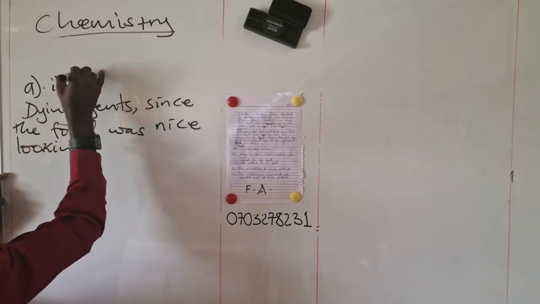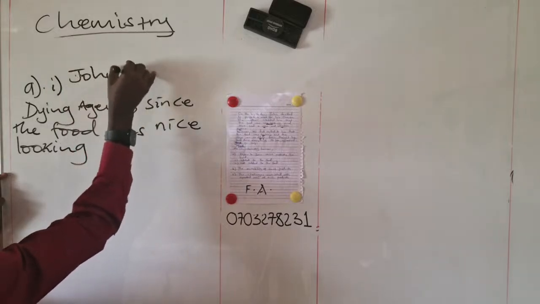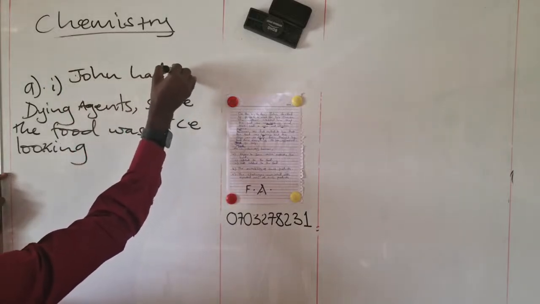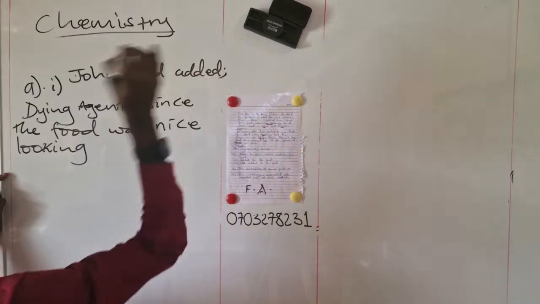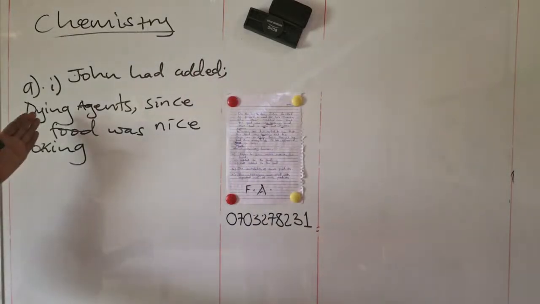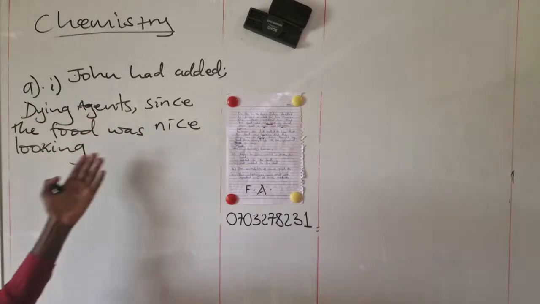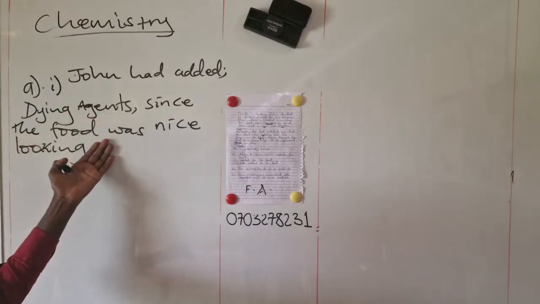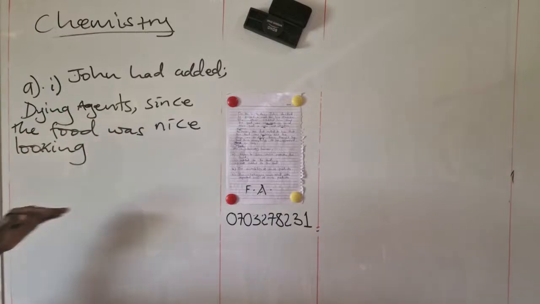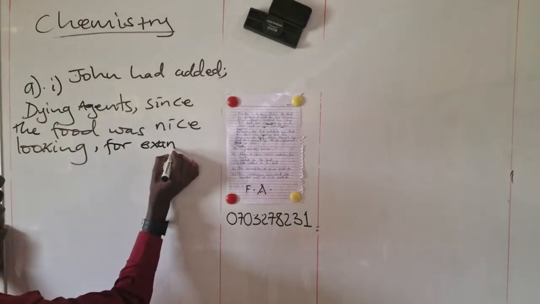So you connect your response to the scenario. John had added dyeing agents, since the food was nice looking. This is the evidence that John had added dyeing agents. You can go on and give an example of such dyeing agents.